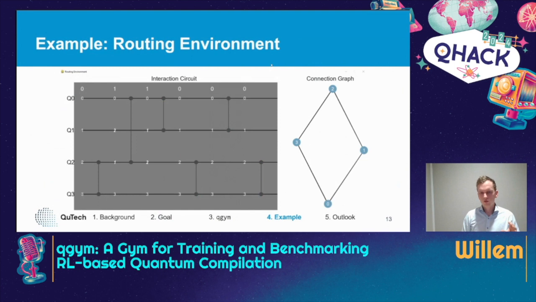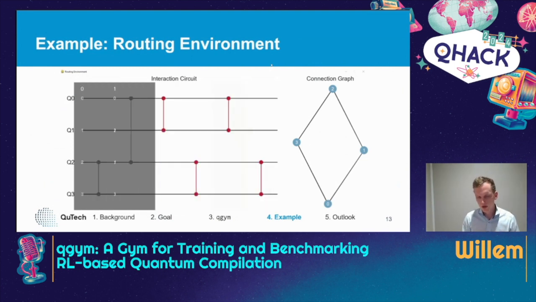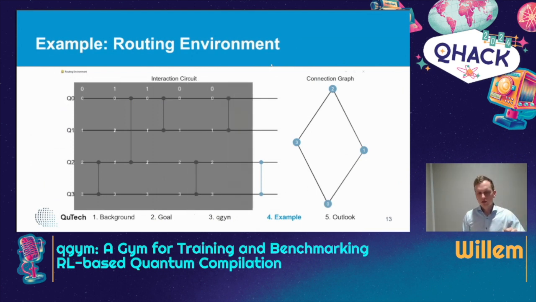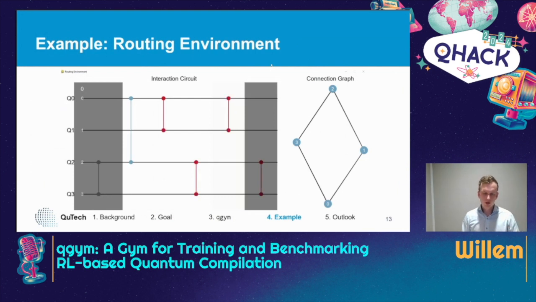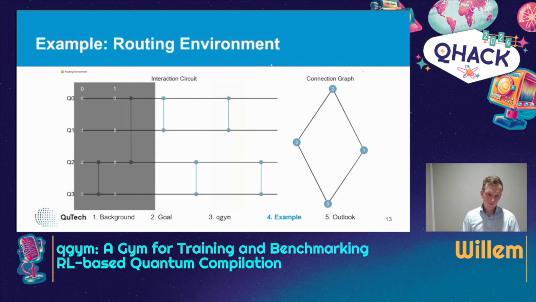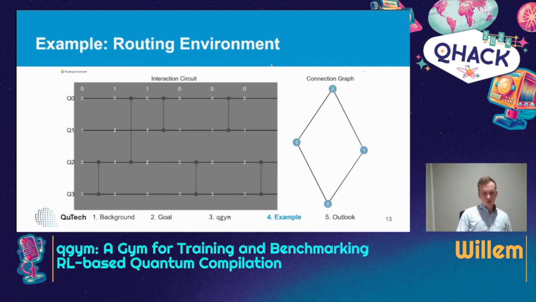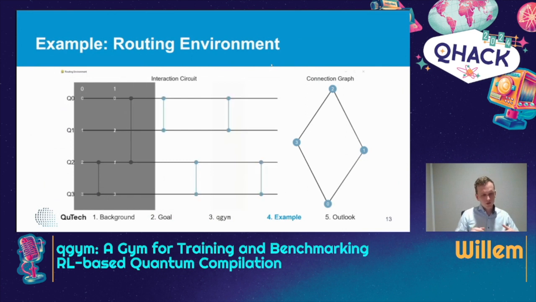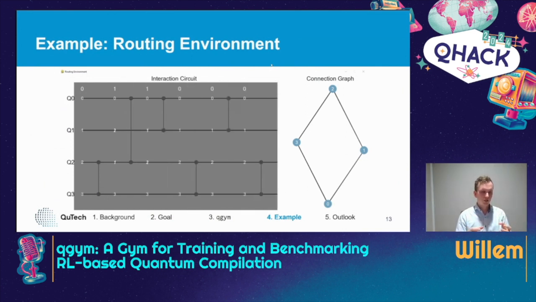It's not important per se for the agent what gate it should apply, but it's only important between which qubits the gate should apply. So you see lines between qubits and not what gate it is about. And if you look now, there is a red line. This means that with the current mapping, this gate could not be executed.